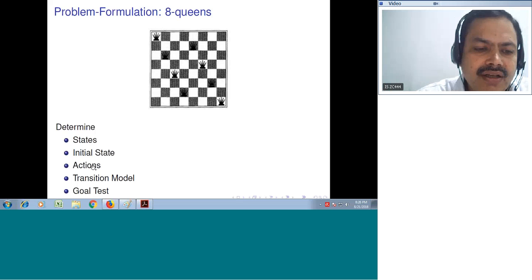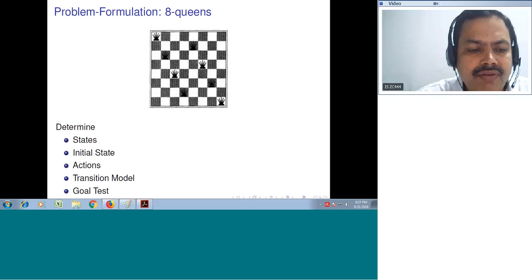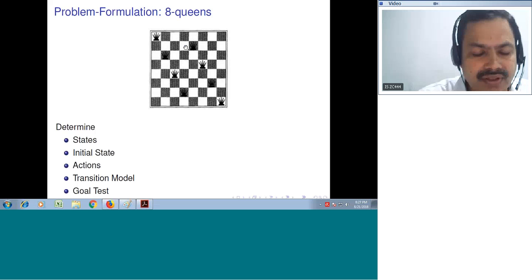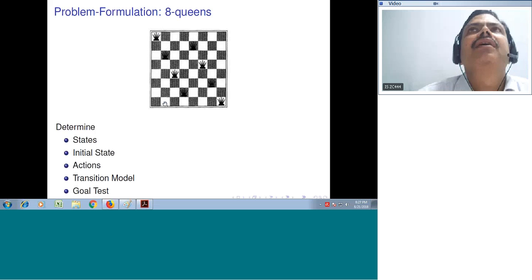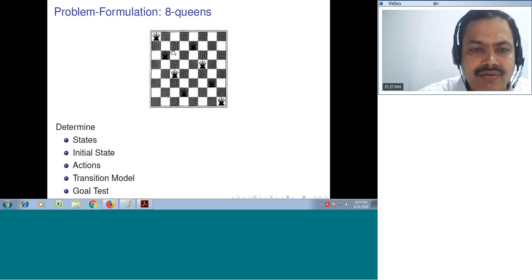You can reformulate the problem so that you put the first queen and then put the second queen such that it is not being attacked by the previous ones. If you put the first one here, the second you cannot put in this line. So the number of places where you can put the second one reduces by a large factor, and your formulation would then have fewer states.